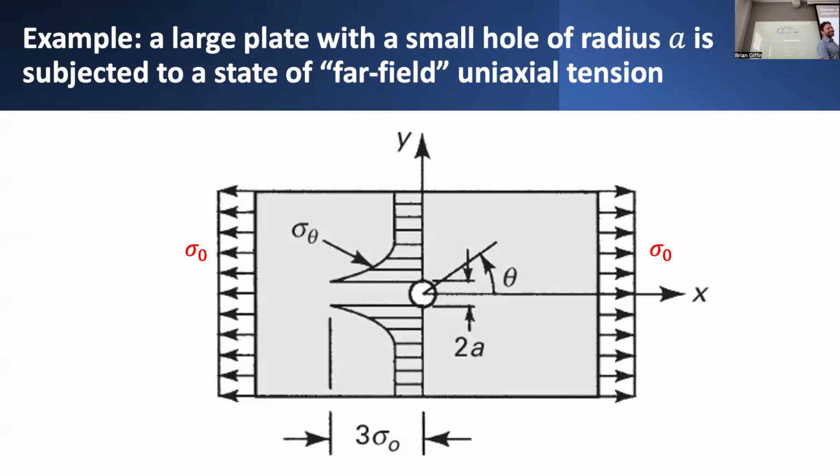It's just the same uniaxial tension throughout the whole thing, assuming no other components of stress in any other directions. So really what we want to find is the solution for this elasticity problem in the local vicinity of the hole so that we can figure out, do the stresses deviate significantly from that average or homogeneous state of stress.